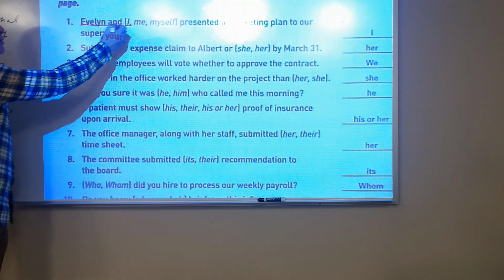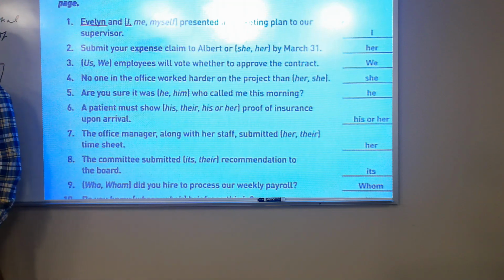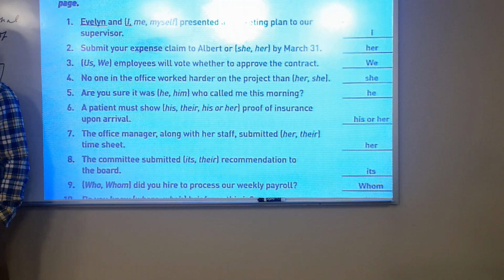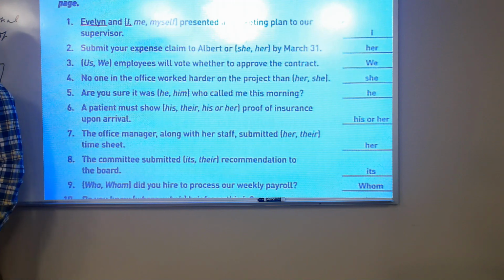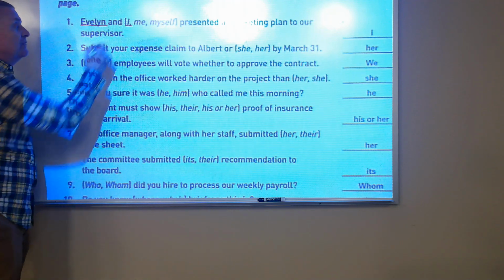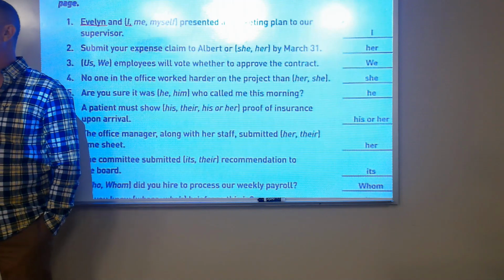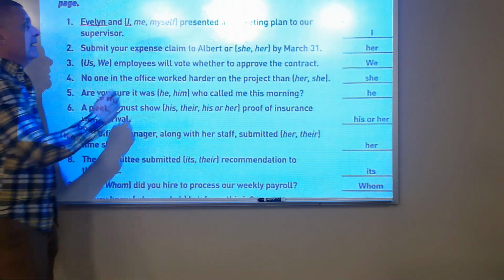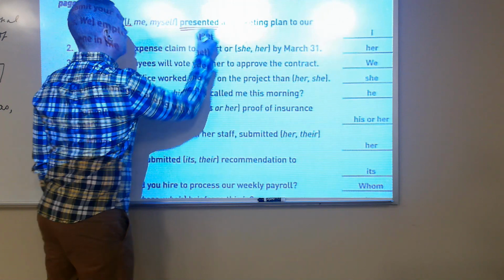But I'm going to use the word I. The pronoun is necessary, I, because it's being used as a subject of a sentence. So if a pronoun is being used as a subject of a sentence, use a subjective case pronoun, which is I, we, you, he, she, it, they. And then presented is the verb.